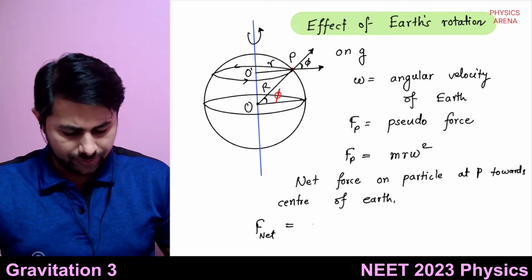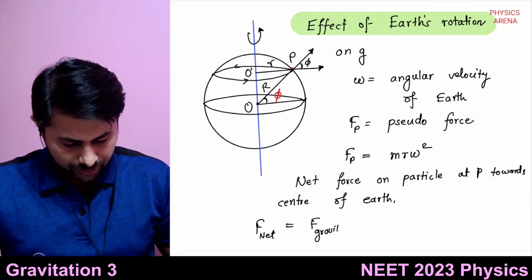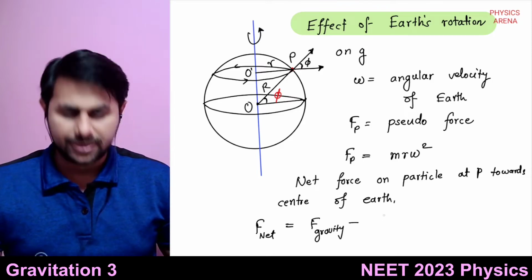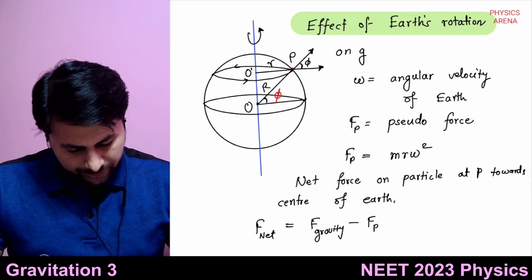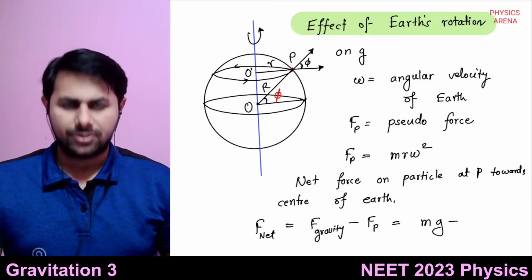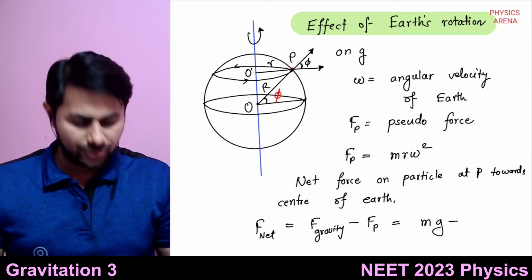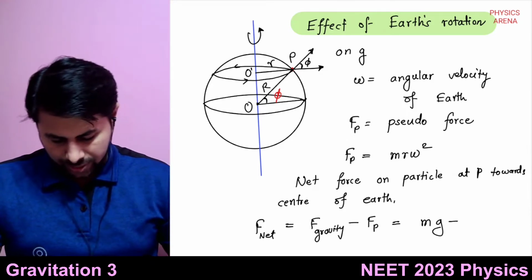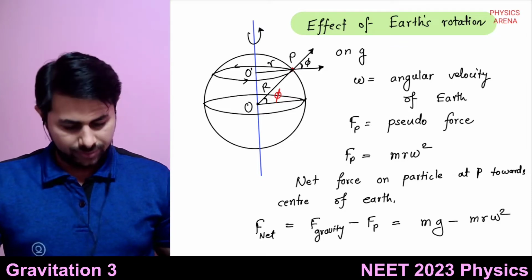It will be equal to the force due to gravity minus the pseudo force, which is mg, where g is the normal value of acceleration due to gravity, minus m r omega square.